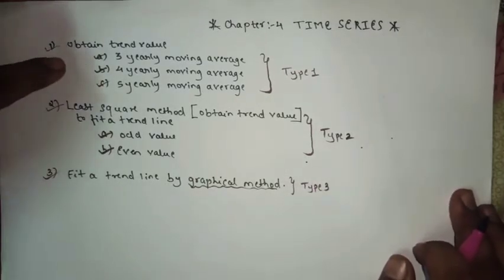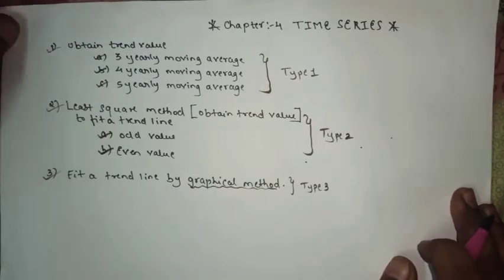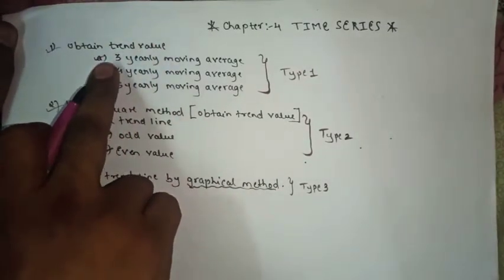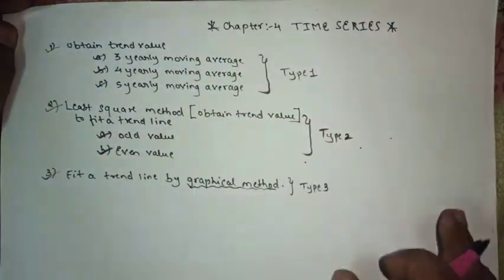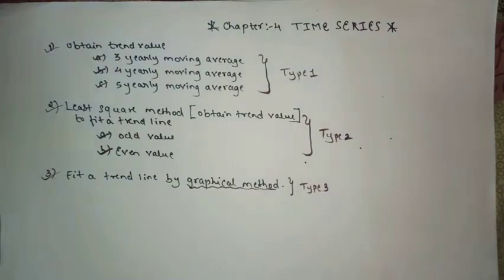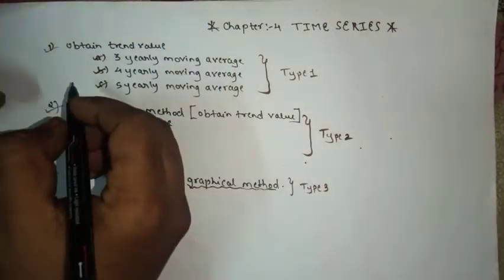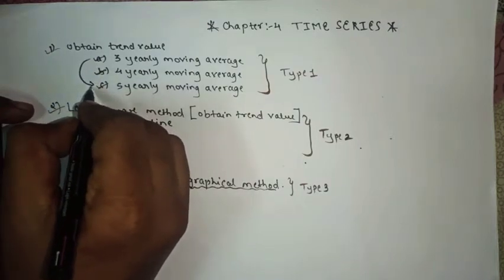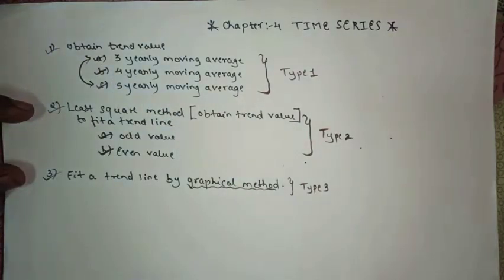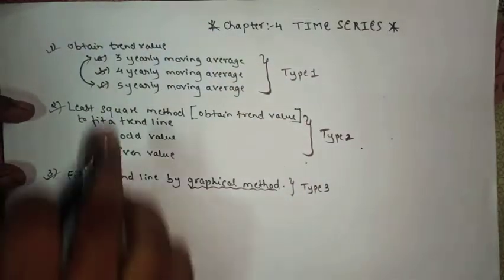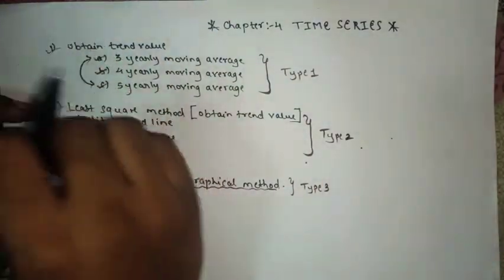So let's begin with type number 1, in which we'll see how to obtain the trend value for 3 yearly moving average. Remember, the concept, tricks, techniques, method and pattern for 3 and 5 will be the same, as they are odd numbers.